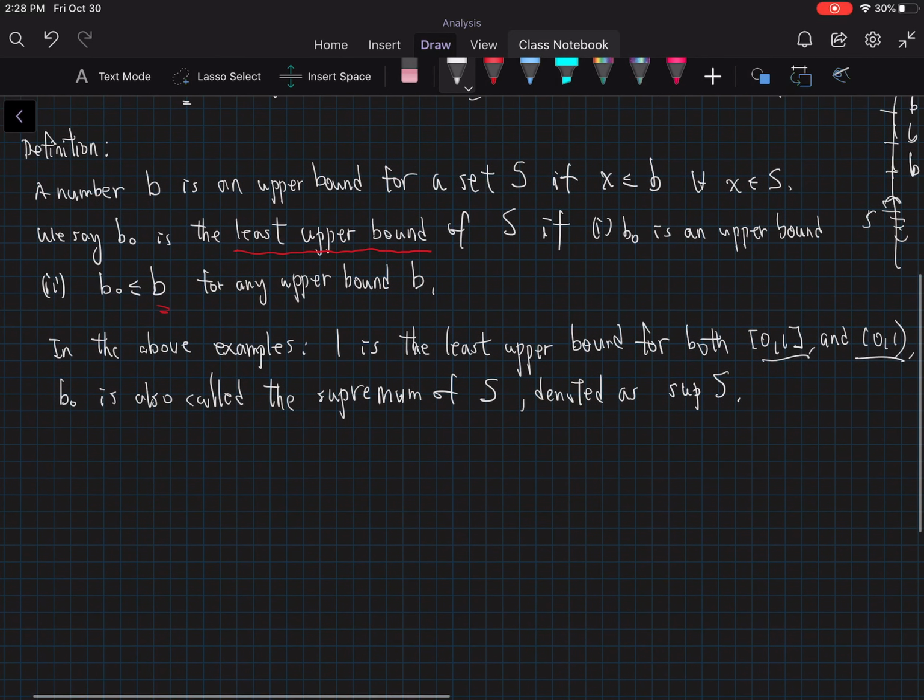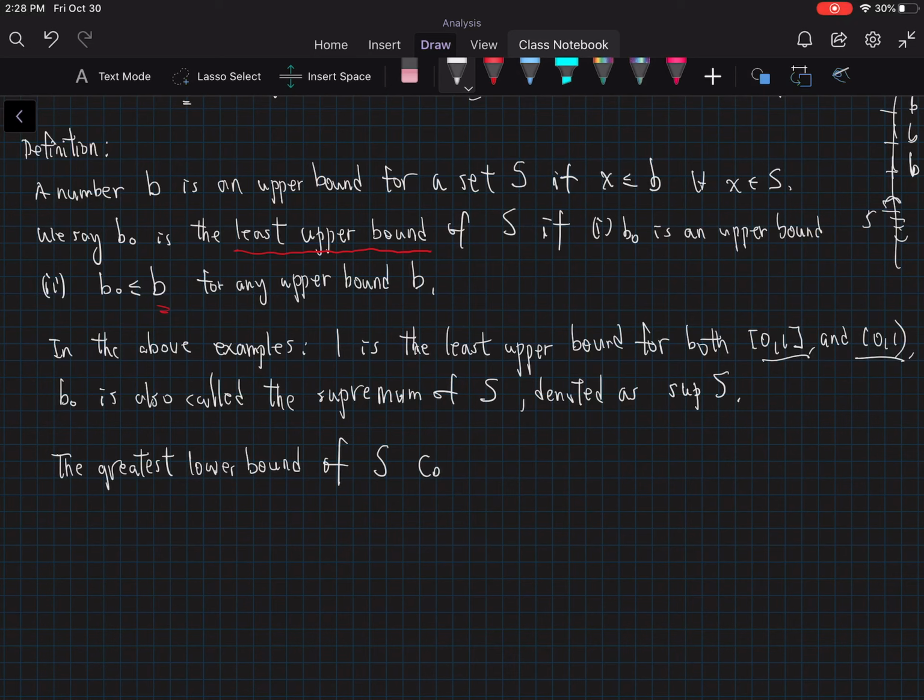So we might as well introduce the greatest lower bound of the set S. I call it C null, it is itself a lower bound, such that C null is greater than or equal to C for any lower bound C. Again, we visualize that.